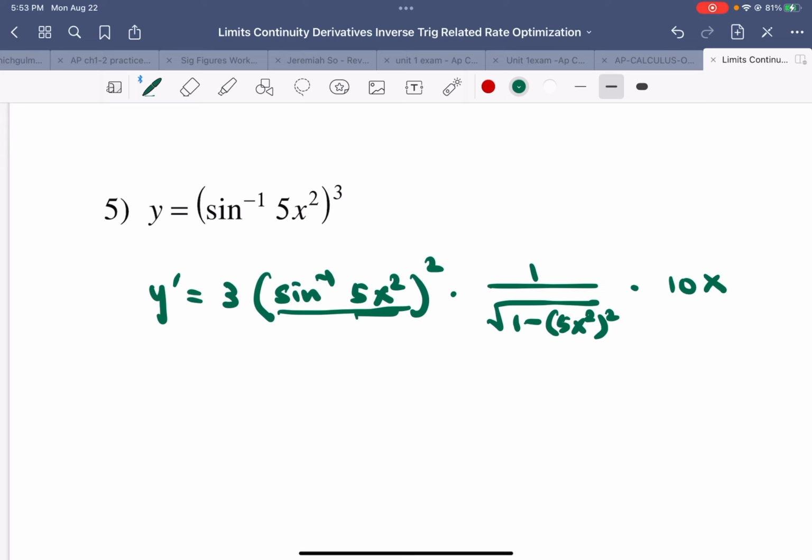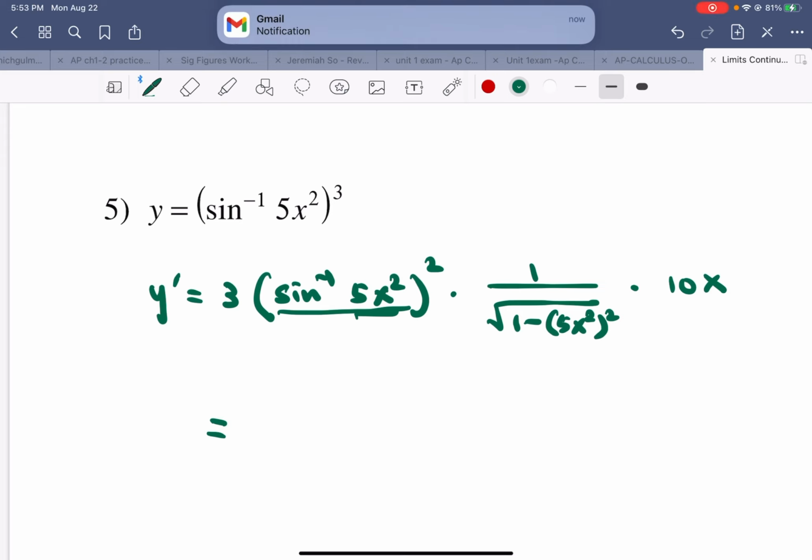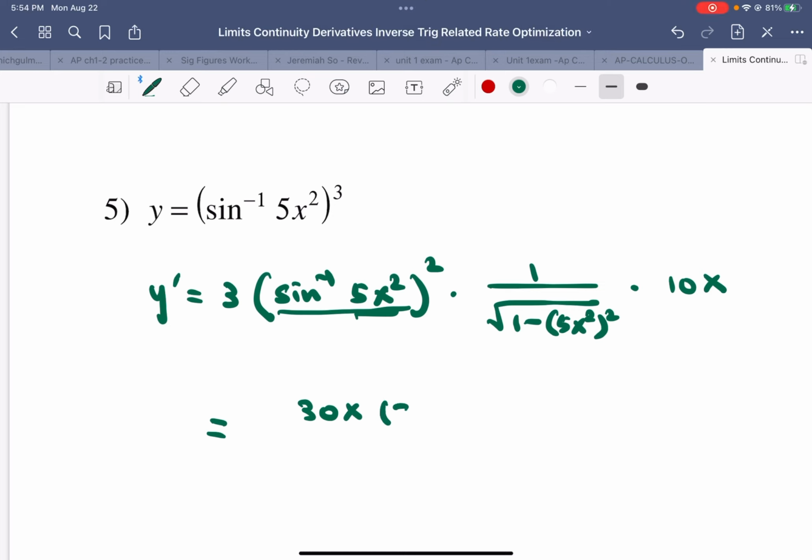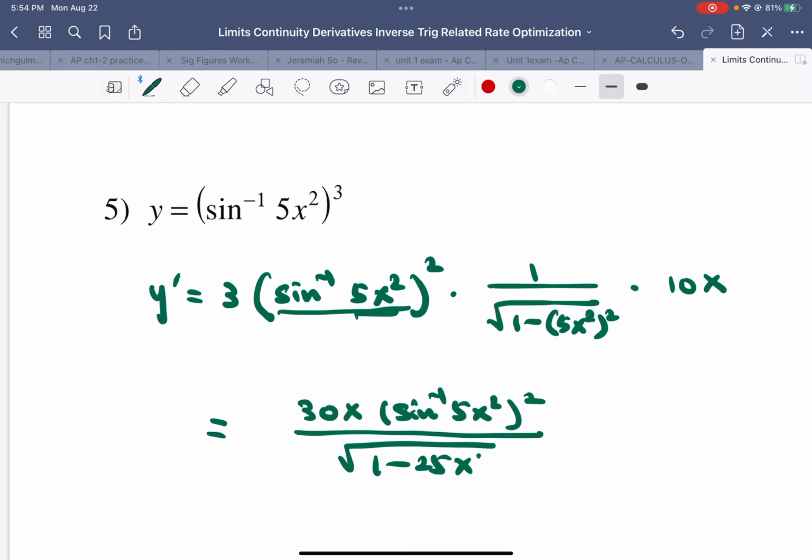Okay, so now you need to simplify. 3 times 10x is 30x. And then you can say 30x times inverse sine of 5x squared all over the square root of 1 minus 25x to the fourth power. Okay, that's your final answer.